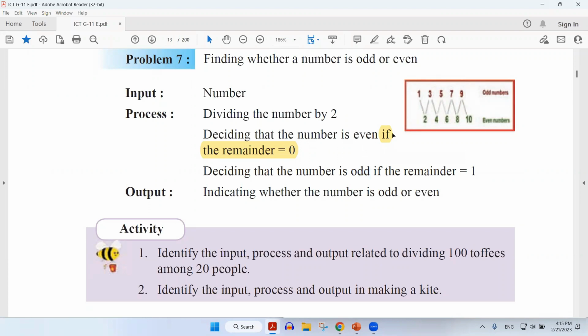So due to a condition, there are separate paths. If the remainder equals 0, it goes to the even number showing path. If it is not 0, it goes to the odd number showing path, right? So no repetition, but the selection is there.